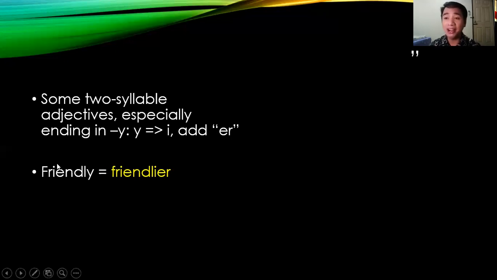It ends with the letter y, right? So for the comparative, you have to replace y with ier. So friendly becomes friendlier. From friendly, it becomes friendlier for you to compare. Okay, it's comparative.